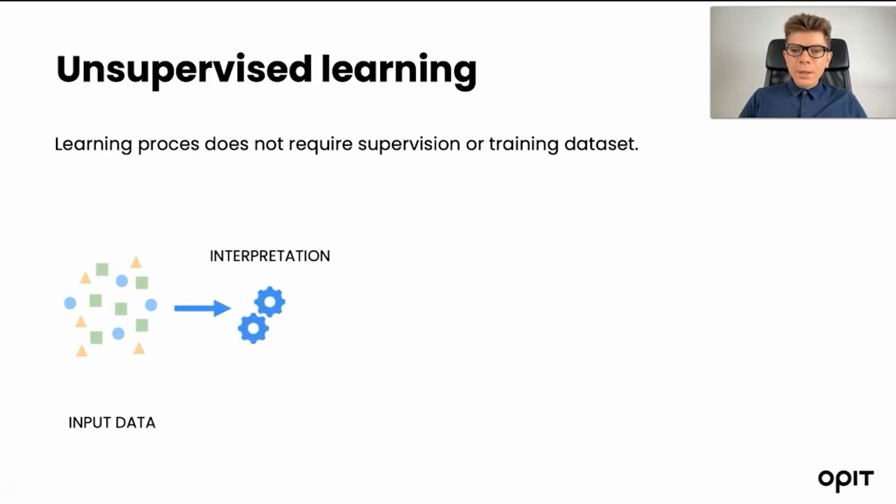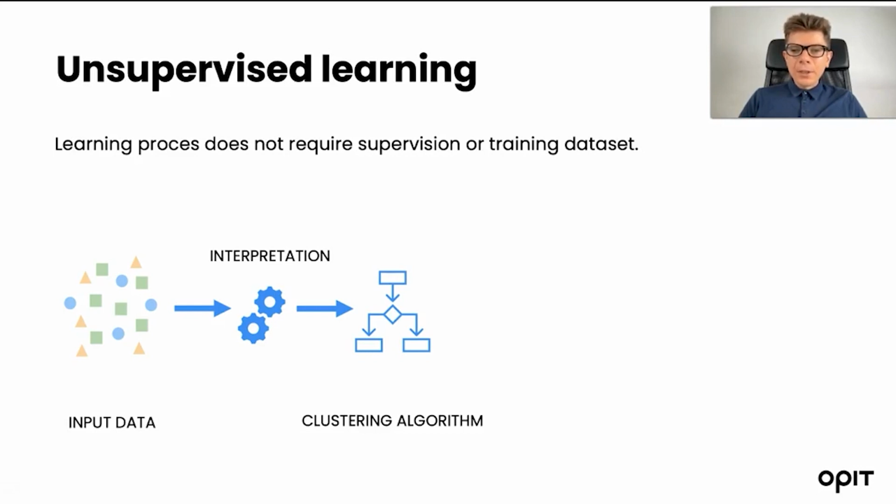We have a process of interpretation, which is actually the use of an algorithm that tries to find some similarities between the elements in the dataset. And it is then clustered, which means that those similar objects are being put in separate subsets of similar objects.